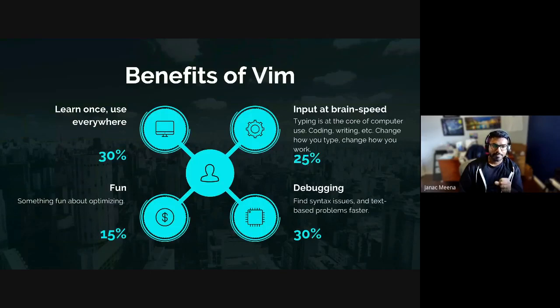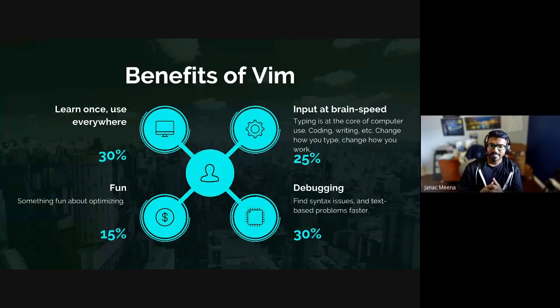I think we already spoke about learning it once and using it everywhere. The other part is how quickly you can input, right? At the core of our jobs is computer use. At the core of computer use is typing. So Vim is a way to improve your typing, right?